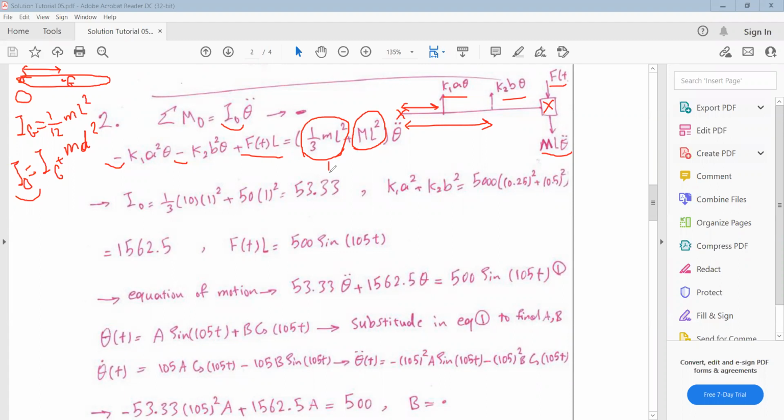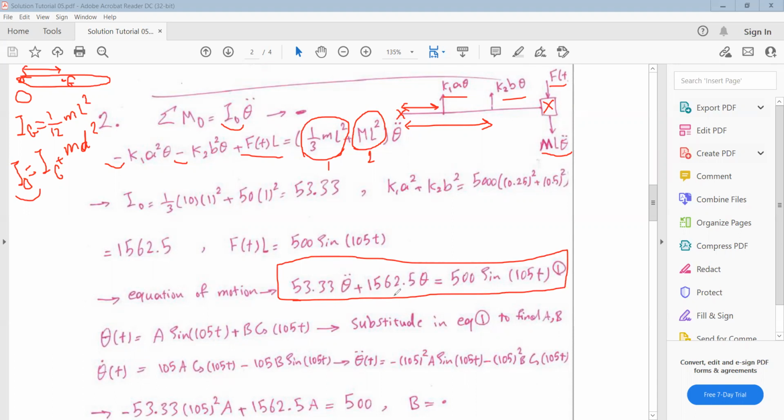The first part is for the bar and the second part is for the particle with mass M. Now we can substitute the numerical values and obtain the equation of motion in this form. This is the equation of motion. When you substitute the numerical values from the given data, we have the values for K1, K2, A, B, L, and M. When you substitute here, you can extract this form.